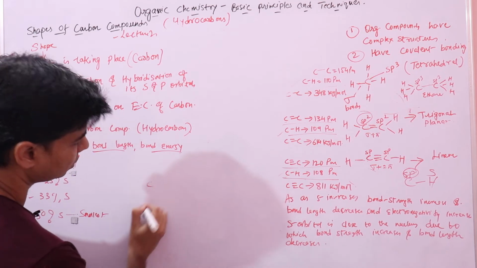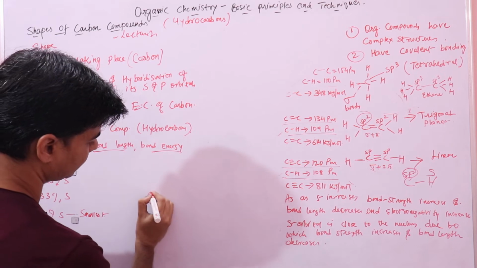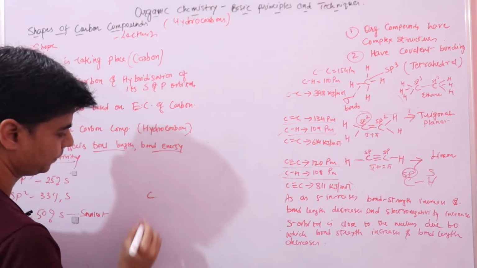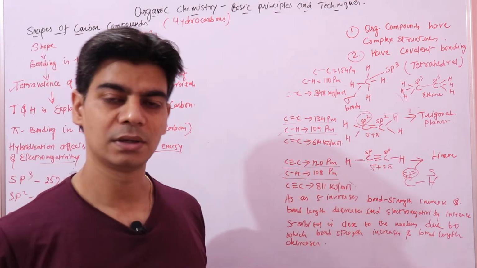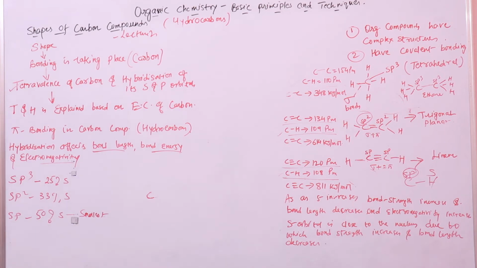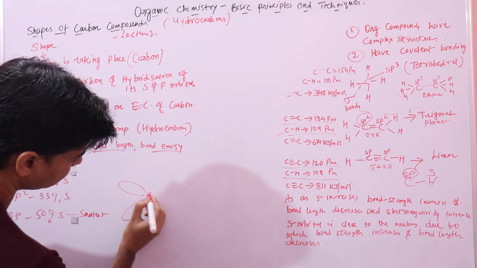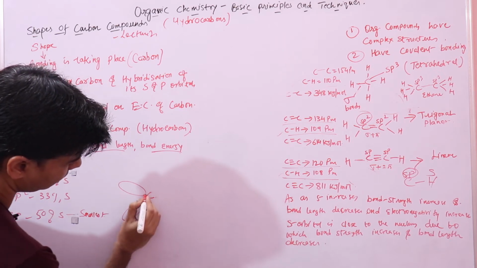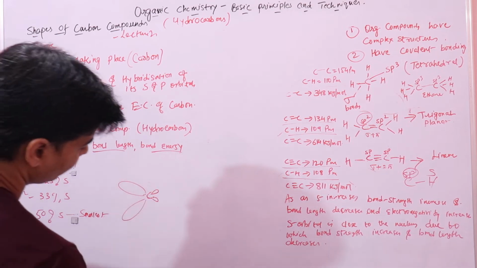Let's draw the bonding in the case of ethylene. We'll just understand it using ethylene. Ethylene has three sp2 hybrid orbitals, right? So this is one orbital, this is the second orbital. I'll just show you. Here is the smaller orbital.